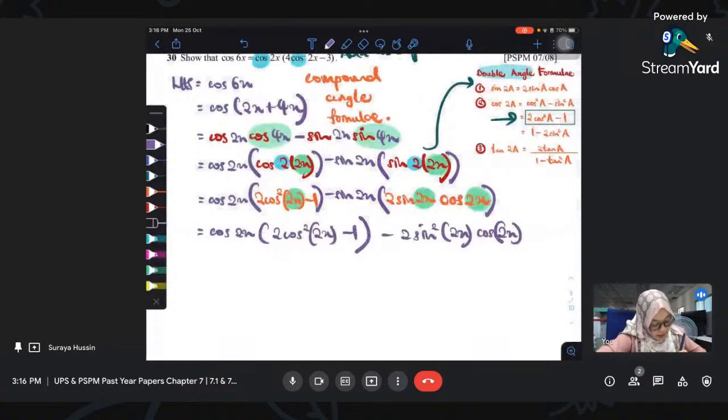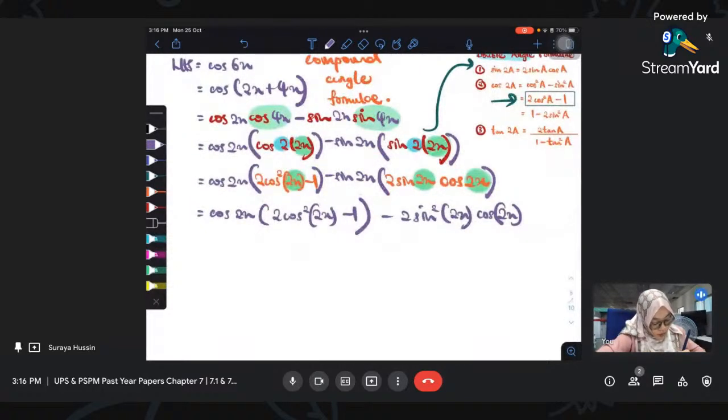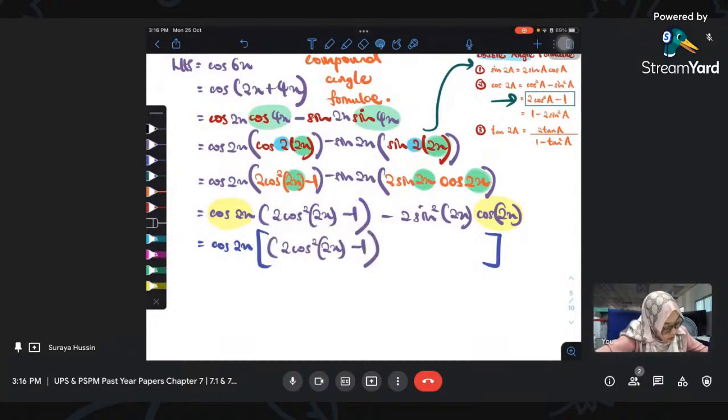So here you will notice, miss, there is something the same. Yeah, you can bring the cos 2x outside. Bring the cos 2x outside and you will get cos 2x in a big bracket. Inside this there is minus 2 sine squared 2x.